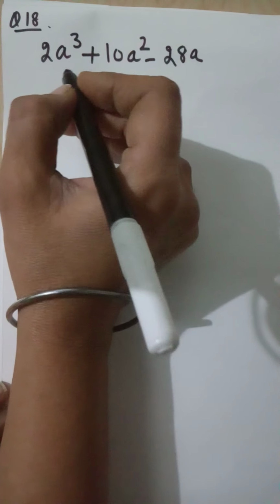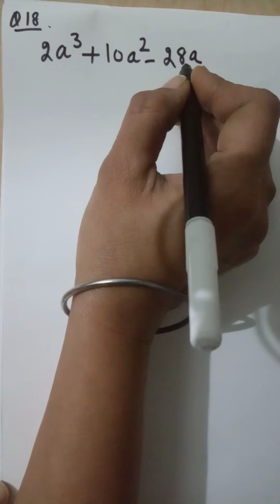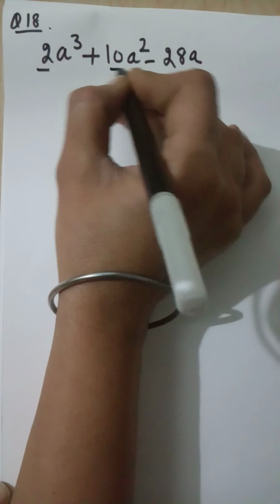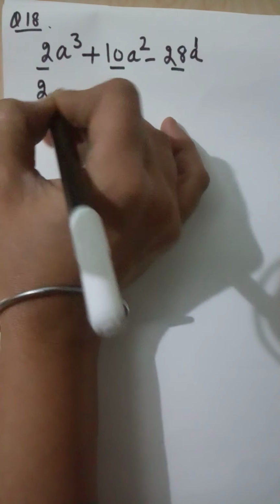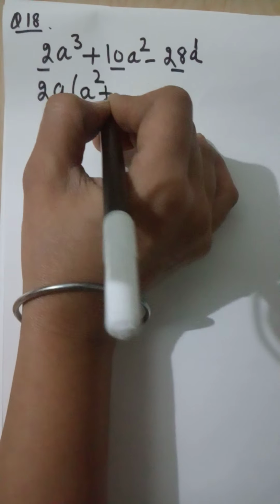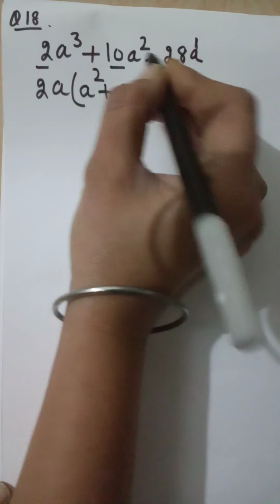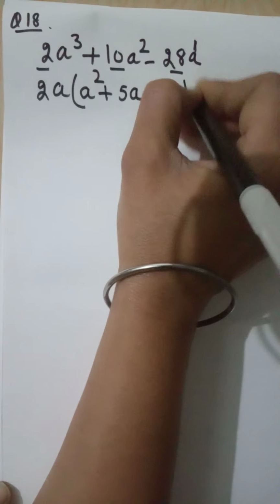Now question number 18, 2a cube plus 10a square minus 28a. Now here 2 is common and the smaller power, a to the power 1, is common, so 2a is common. Then what is left? a square plus 5a, a square, a is common, minus 14. Clear?